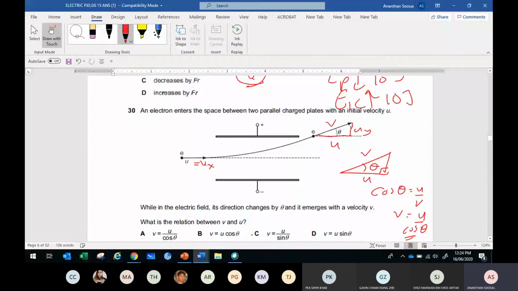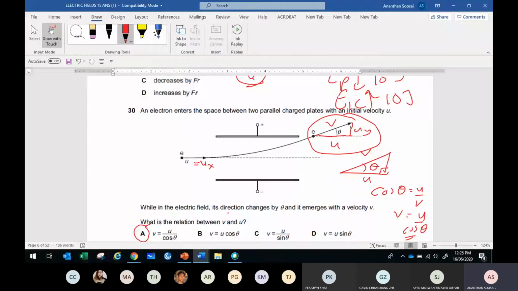The answer should be A. Those who understand that Vx and Vy make the V, if you know this diagram, you can get the answer. The Vx is actually the same as U, the initial horizontal velocity. So you get this answer. Good. Any questions? Question 30, so the answer is A.